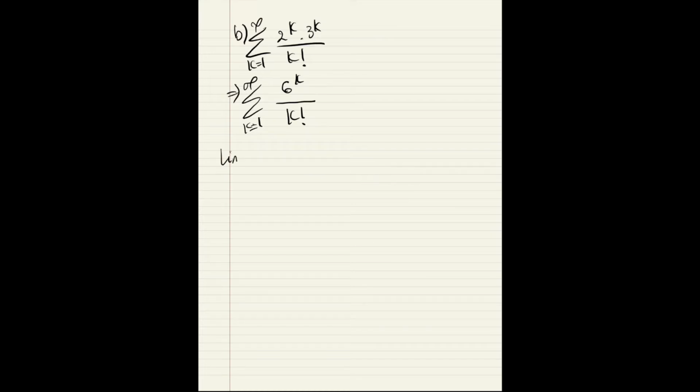And then you can try again: the limit as k goes to infinity of the absolute value of 6 to the k plus 1 over k plus 1 factorial divided by 6 to the k over k factorial.